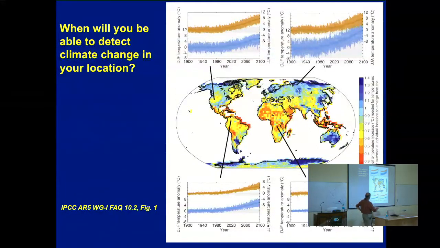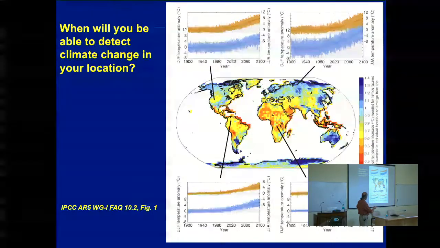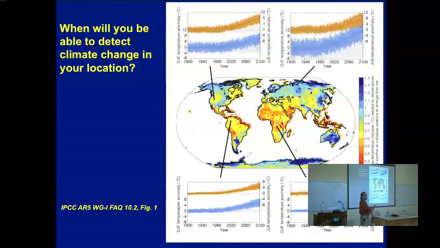So this blue color here indicates the global temperature change at which your anthropogenic forced change will separate from natural change. So you have to change temperatures here by more than 1 degree centigrade. The global mean temperature has to change by more than 1 for us to distinguish here.